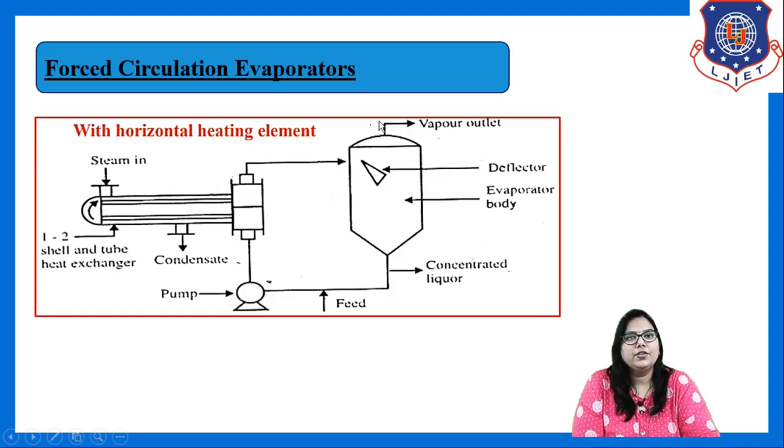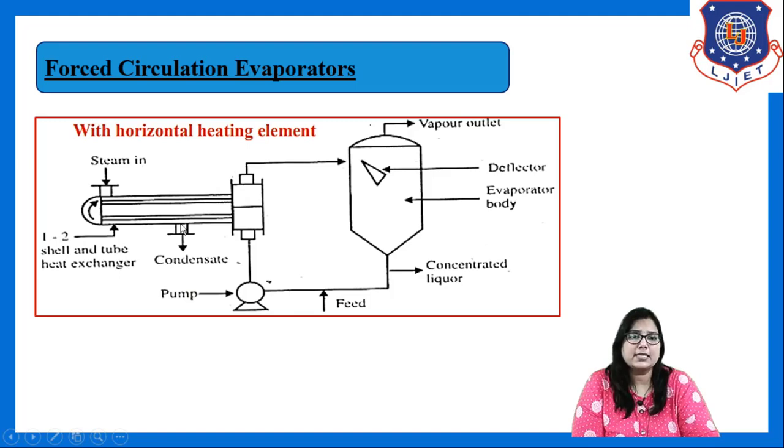In the figure, this is the evaporator body where the deflector is provided. You know the basic function of the deflector, as we discussed in falling film evaporator. The feed which is to be concentrated is introduced from here and transferred to the heating element with the help of this pump.